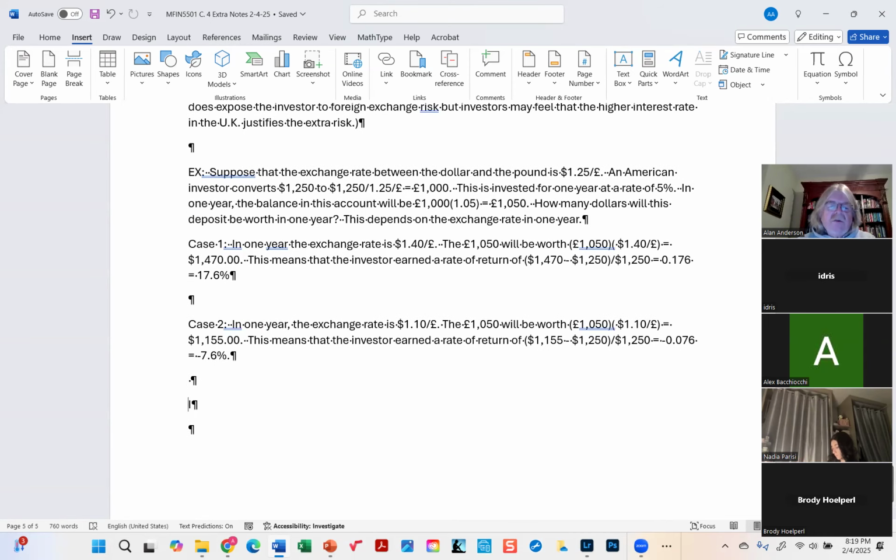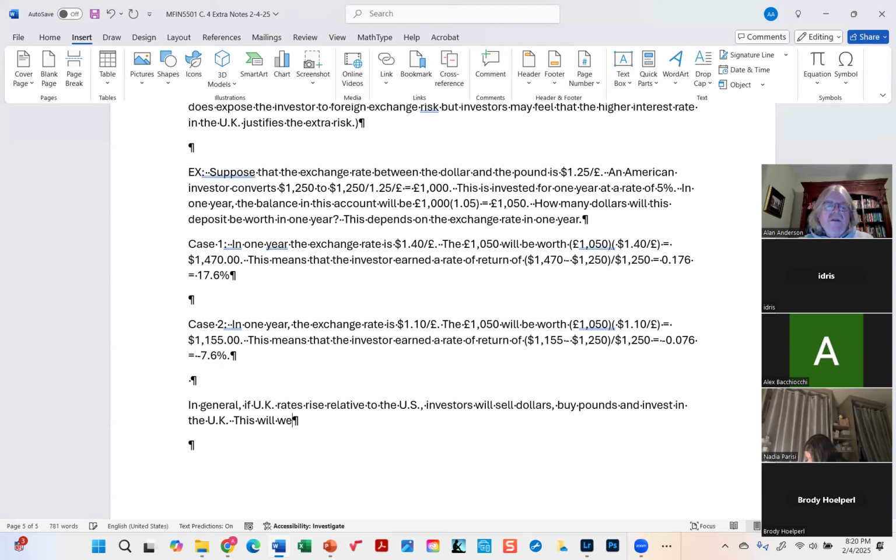Okay, so in general, if UK rates rise relative to the US, investors will sell dollars, buy pounds, and invest in the UK. This will weaken the dollar and strengthen the pound.